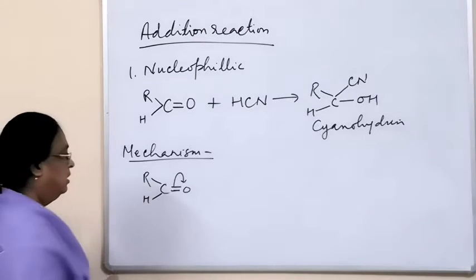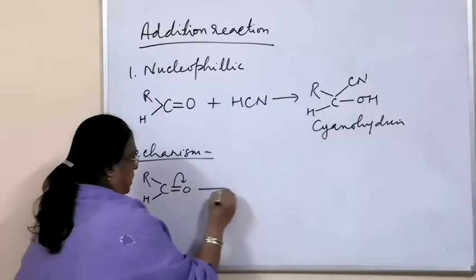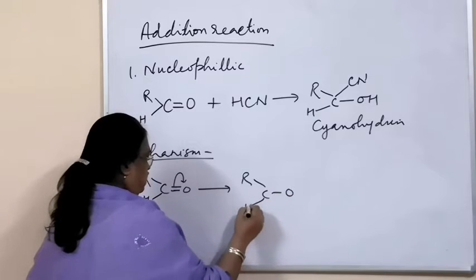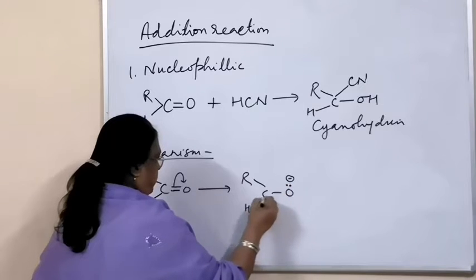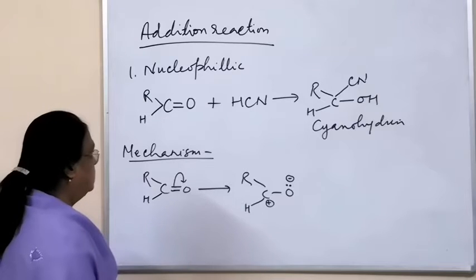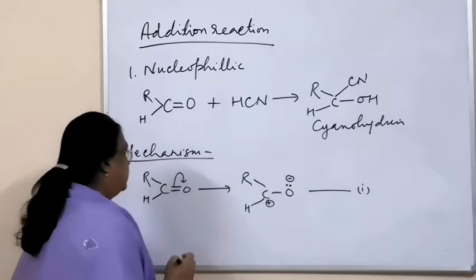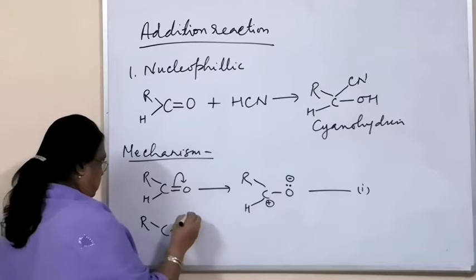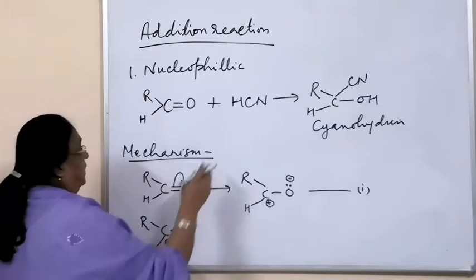The pi bond will break, and a pair of electrons will be transferred to the more electronegative atom, and we will have the new electronic condition, that is a lone pair and a negative charge, and here will develop a positive charge. This is the species formed, and this is your first step. In the second step, this species which is formed comes in contact with the addendum.